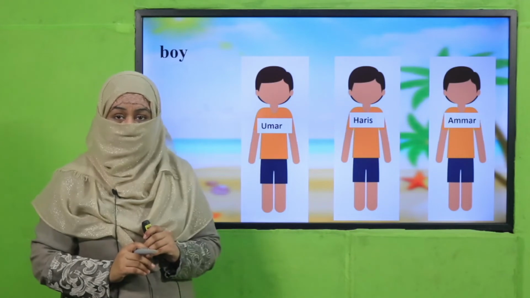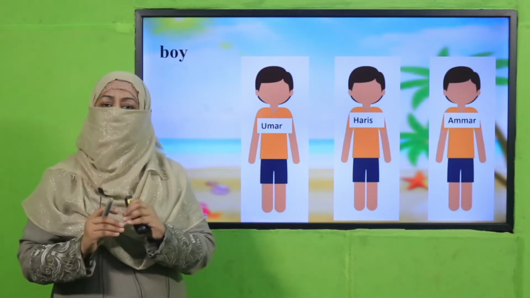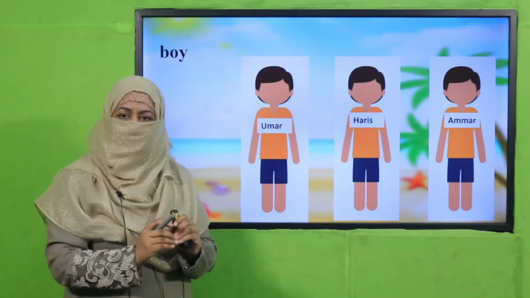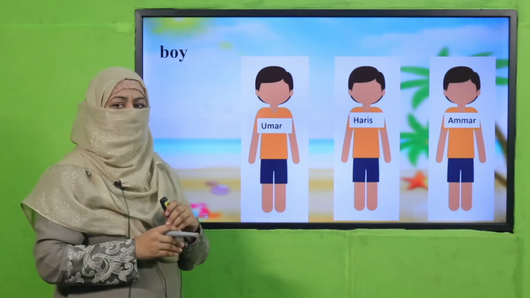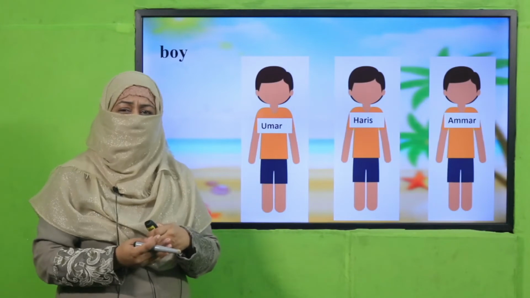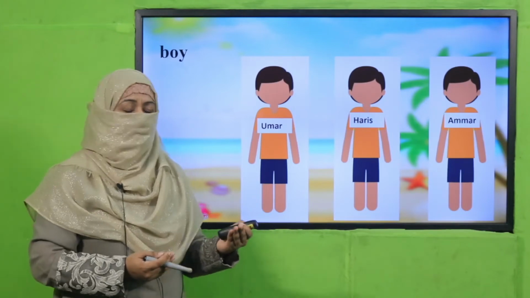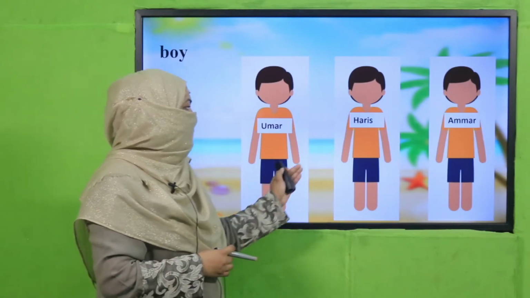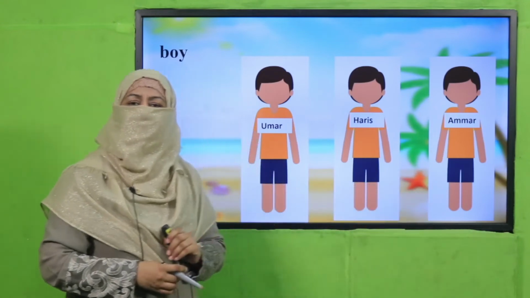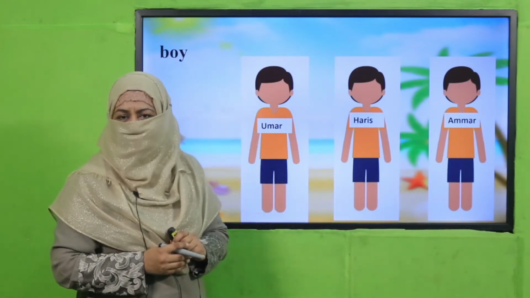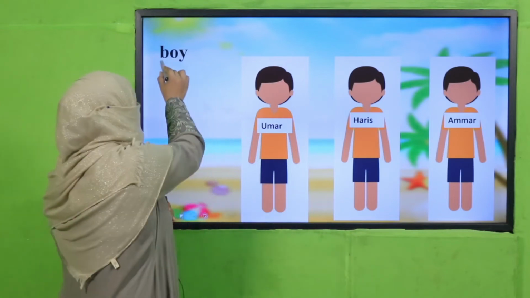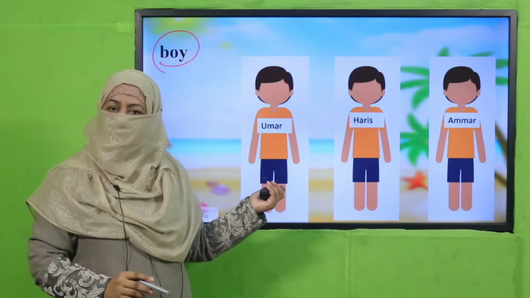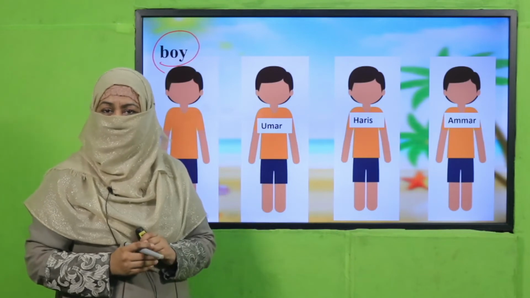Now I have taught you how these common and particular names help us when we are talking. So when we use common, it is general and it may refer to any person. For example, there are three boys, Umar, Haris, Ammar, and I say, boy, please come here. Who will come? Because I have used a common naming word, any one of them can come, right?